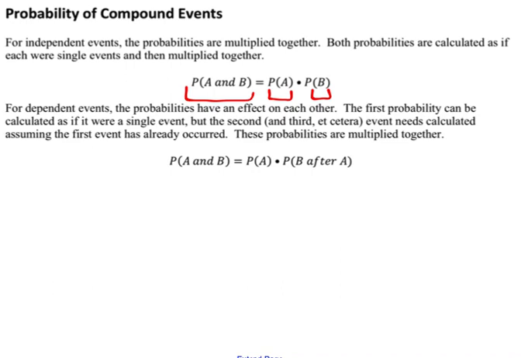For dependent events, the probabilities have an effect on each other. The first probability can be calculated as if it were a single event, but the second and third, etc. events need calculated assuming the first event has already occurred. These probabilities can be multiplied together.